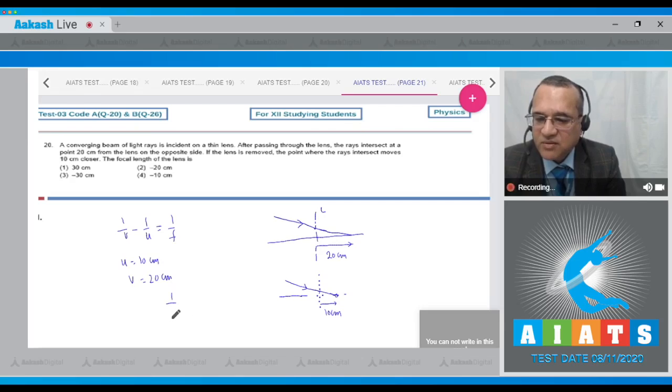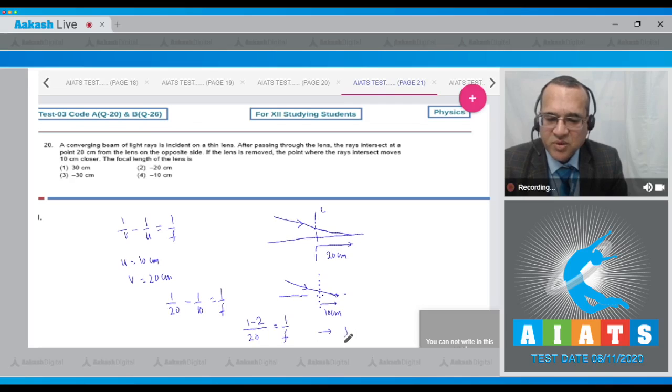So I fill in here 1 by 20 minus 1 by 10 is equal to 1 by F. So take LCM 20, and this becomes 1 minus 2 is equal to 1 by F. So F comes to be minus 20. If it is minus 20, the answer is option 2 to this question.